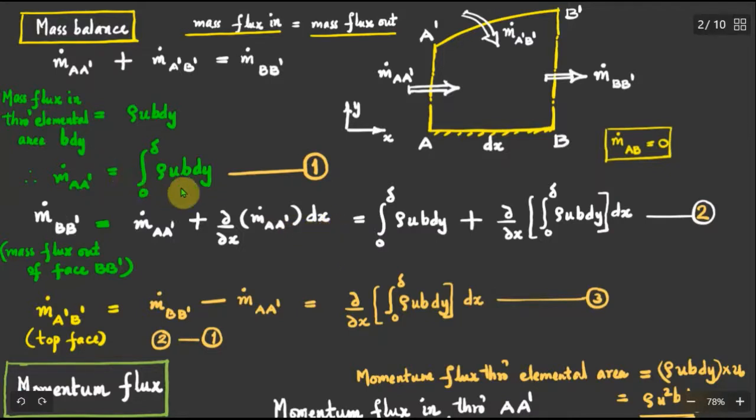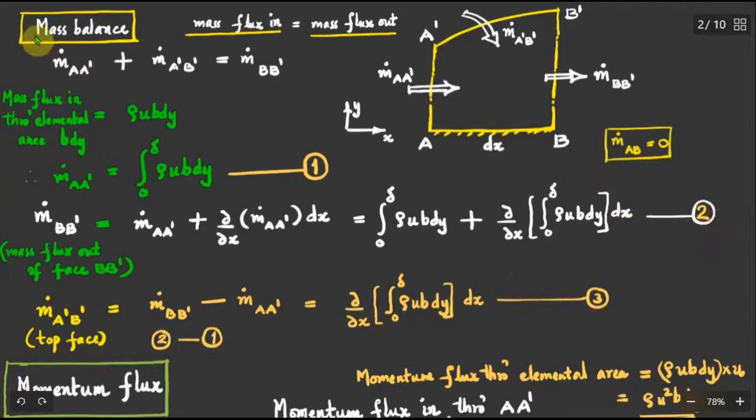Now m dot A dash, we got it already, integral 0 to delta rho u B dy. So just substitute over here. So you will get m dot B dash, the mass flux through the right side phase, equal to integral 0 to delta rho u B dy plus dou by dou x of integral 0 to delta rho u B dy over the length dx. So let it be equation number 2.